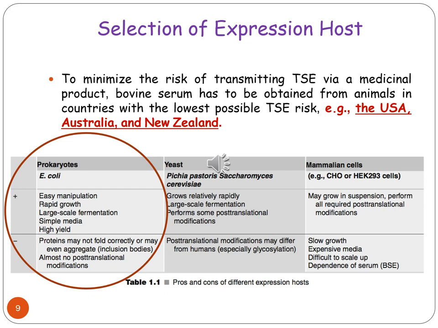Also, we can have high yield of the protein. We can get a large amount of protein from this small cell. However, the cons of using such cells are that sometimes we can have misfolded proteins, which means the proteins may not fold correctly.